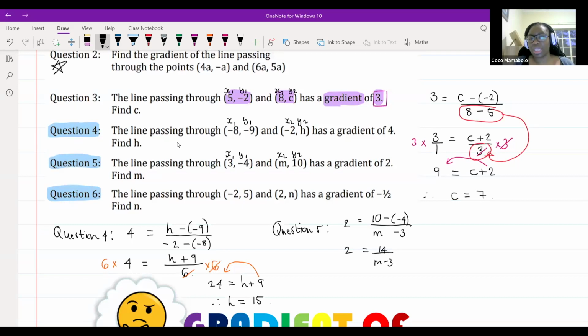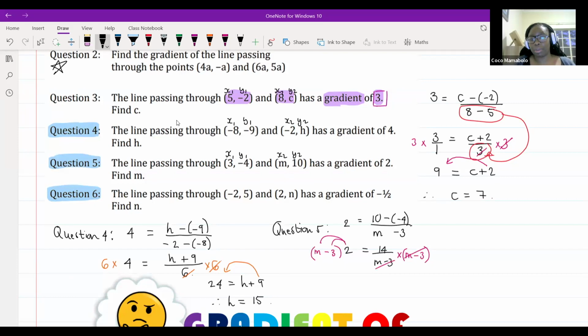Now this one is a little bit trickier because I need to take m minus 3 out of the denominator. I need to multiply by m minus 3, but I'm going to put it in brackets, because if I multiply this side by m minus 3, both of these things on the other side need to be multiplied by 2. So we need to distribute.